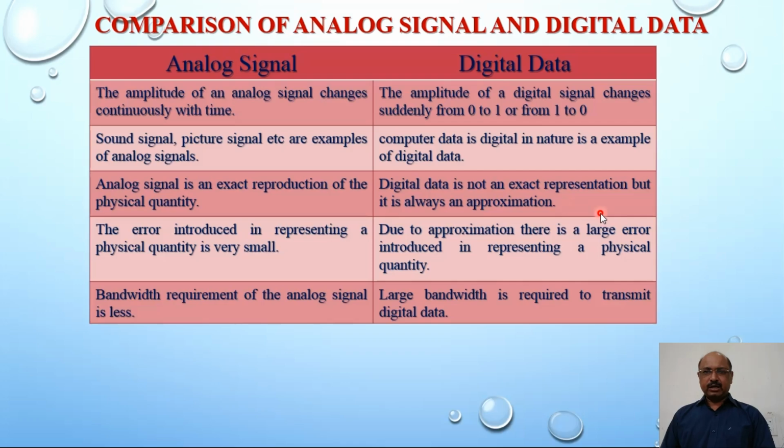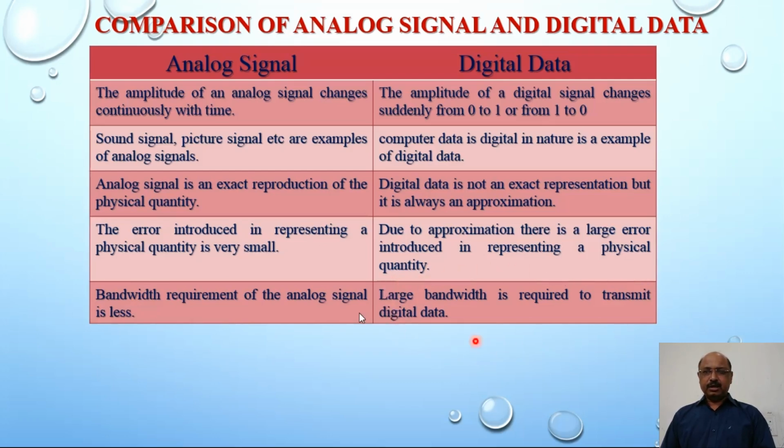In an analog signal, the error introduced in representing a physical quantity is very small, but in a digital signal, due to approximation, a large error is introduced.